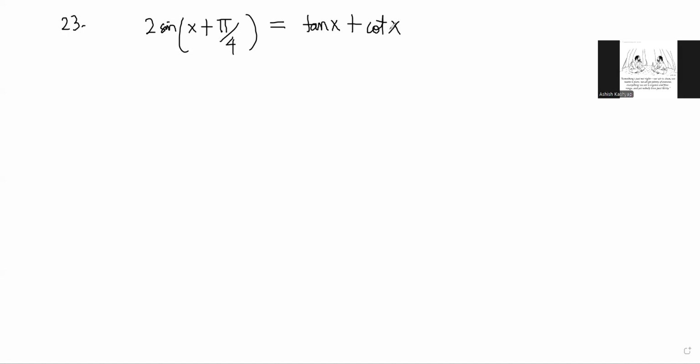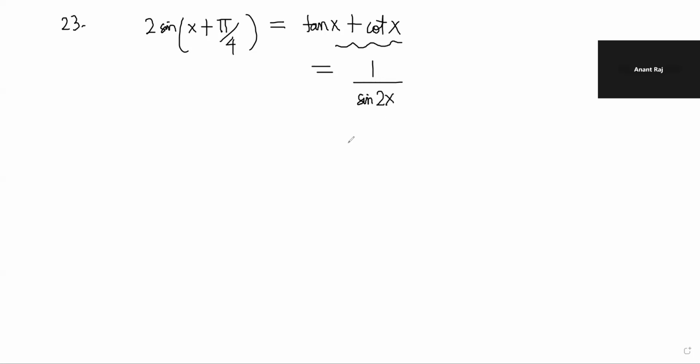Write this as sin x by cos x plus cos x by sin x. It will become 1 by sin 2x upon, right? Sine 2x. So you are getting a product, but this is easier.